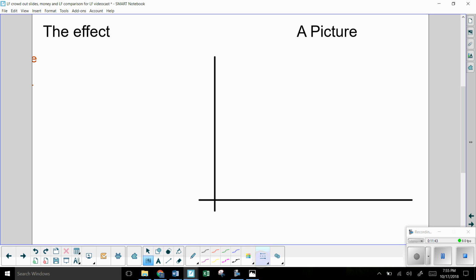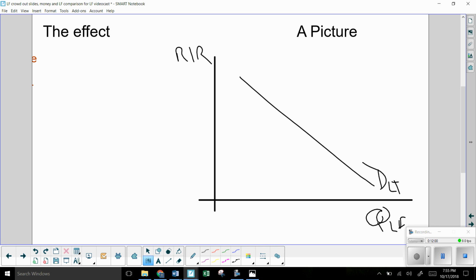First, let me sketch out a little bit of a picture on our graph here. I'm going to put the real interest rate up here, and the quantity of loanable funds, Q sub LF. Sorry, this touchscreen is acting up a little bit, but we can make that better. Then we have a demand for loanable funds curve here, and a supply of loanable funds curve here. Remember, that's upsloping, different than the money market.